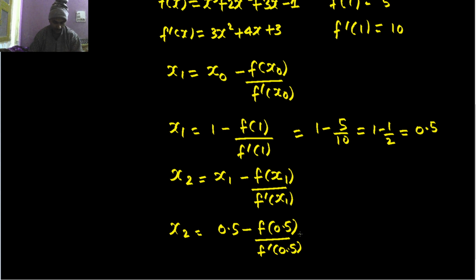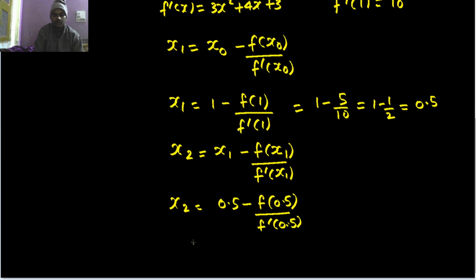This is giving me 1.125. Okay, so x2 is 0.5 minus 1.125. Let's check what we are getting in denominator, which is derivative at 0.5.